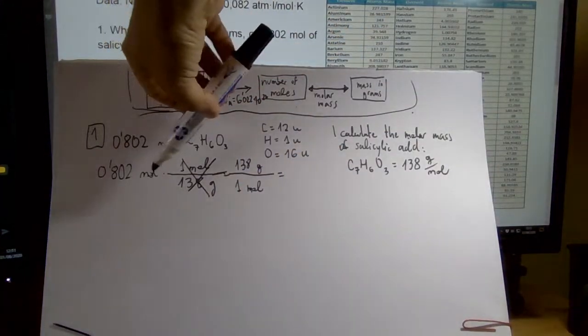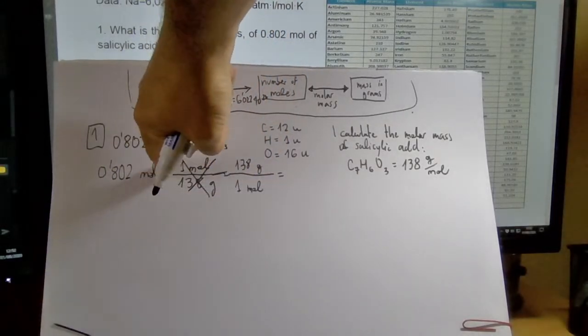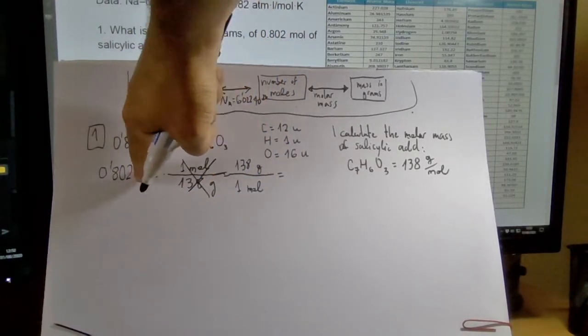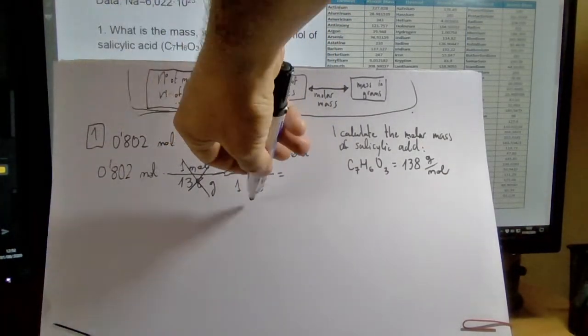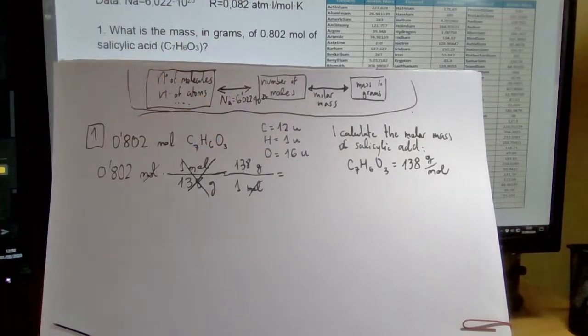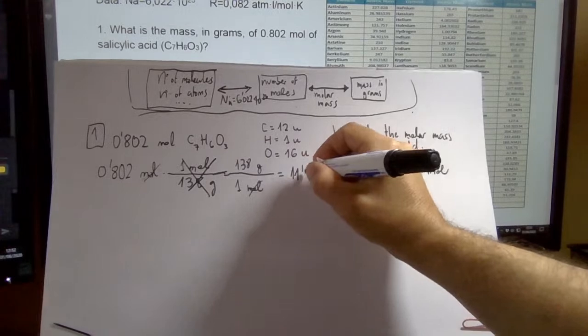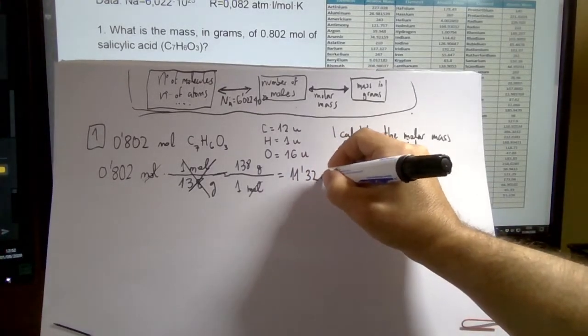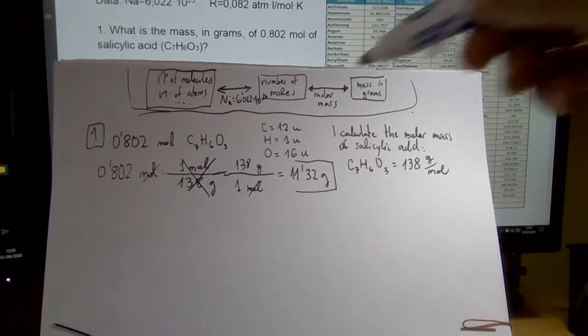That's why it's useful to use this method, because, yes, you got it, mole and mole cancel, so I can be sure. So you got it, 111.32 grams, the solution, the mass of this mole, okay?